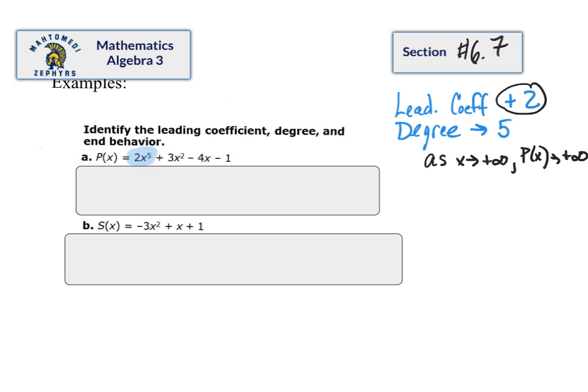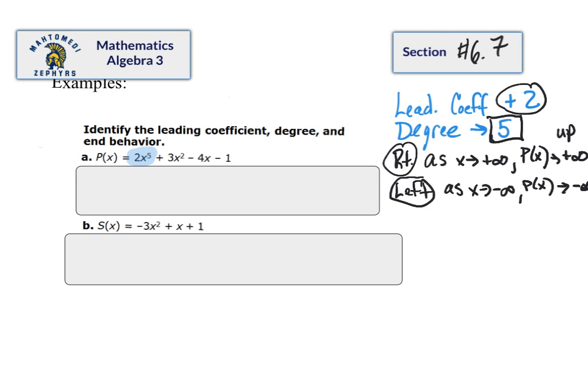Because the degree is odd, that means that on the left side, in other words, as x goes to negative infinity, the function is going to behave opposite. So instead of going up, it's going to go down. Okay? So when it goes on the right, it's going up, and on the left, it's going down.